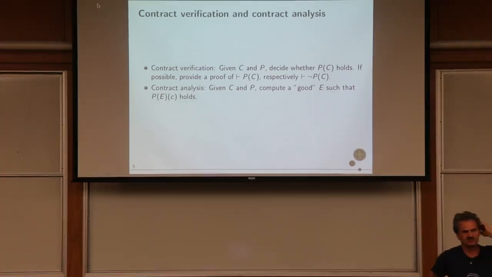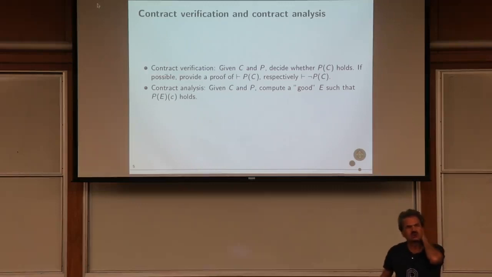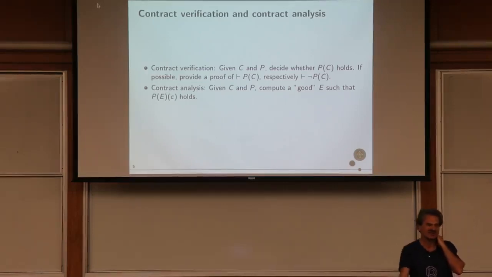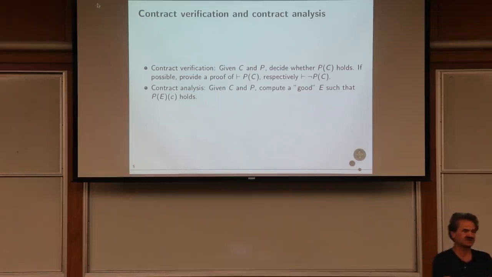Sorry? If your property states something about semantics. Yes, that's what I mean. Yes. So we're usually mostly interested in the semantics. When I'm asking a question about the contract specification, most likely I'm not interested in how many uppercase letters I have in the contract, but I'm interested in asking about what it denotes.